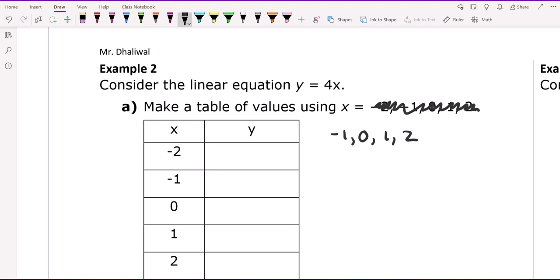Now, the other less important trick that I want to tell you is when you're picking your numbers, try to keep a pattern. Because then you can see the pattern happening in the table. Here, I'm going up by 1s.